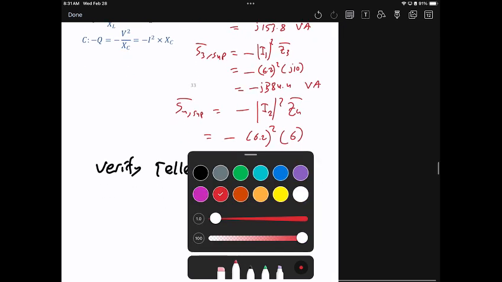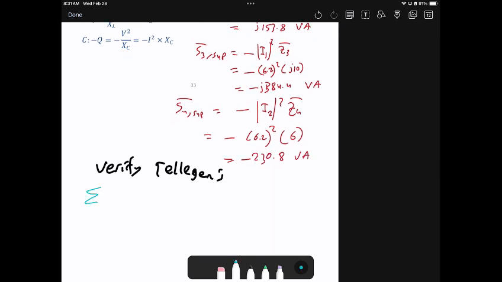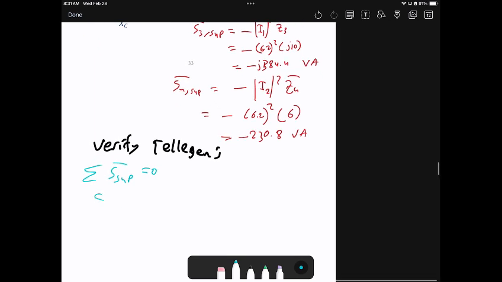This means to verify it, we will say the sum of the power supplied equals 0, or the same for absorbing. So we can say S source 1 plus S1 supplied plus S2 supplied plus S3 supplied plus S4 supplied, they must be 0.